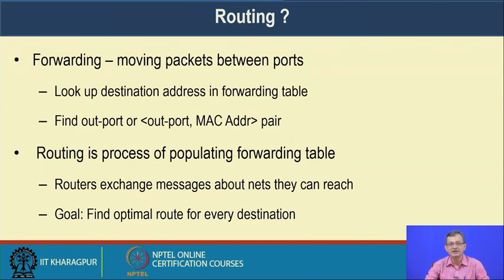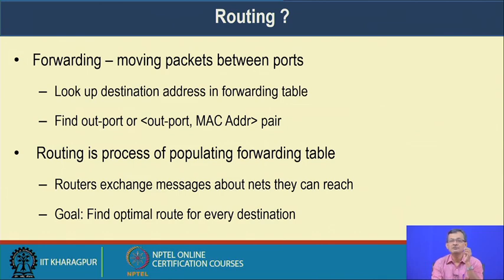The routing table ideally has all the possible destinations and the next hop, or the path to be forwarded. We will see in subsequent lectures, when we talk about layer 2, how to find the output port and MAC address, the port and MAC address pair.